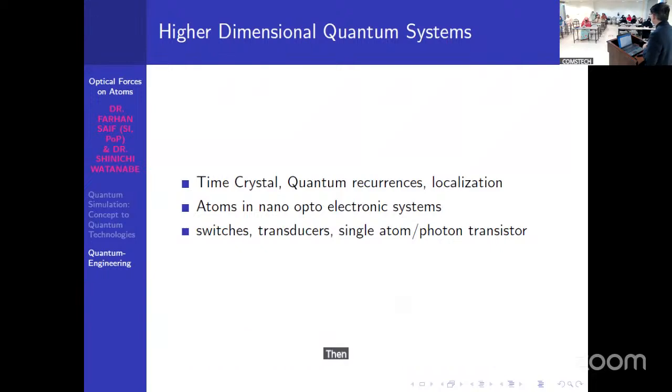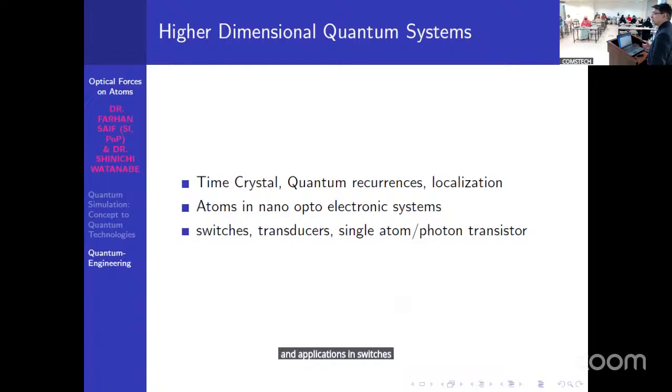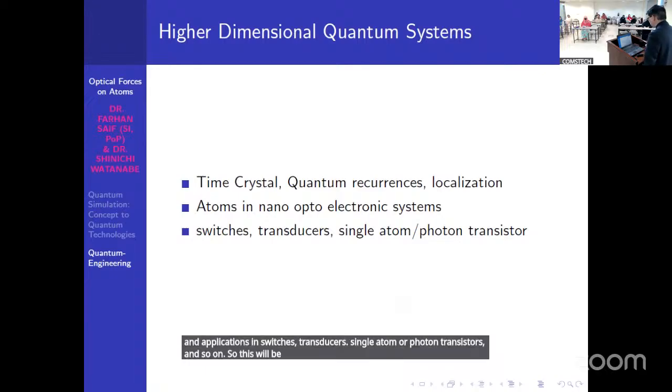Then I will be presenting time crystals, which is a very beautiful phenomenon, how we can see a crystal in time only, localization, and then we shall have some discussion of ultra-cool atoms in optoelectronic systems and applications in switches, transducers, single atom or photon transistors, and so on. So this will be our topic of discussion tomorrow. Any questions are welcome. Thank you.